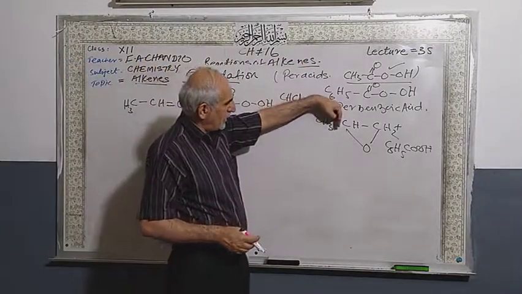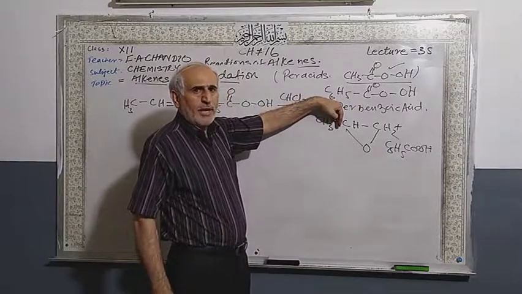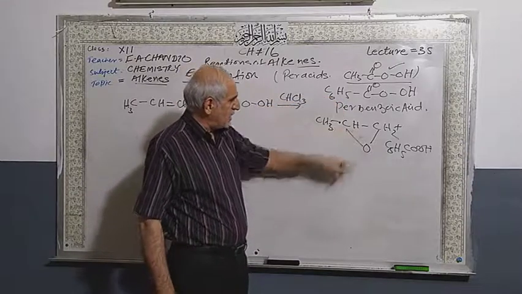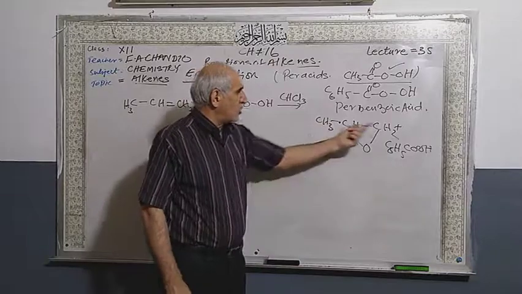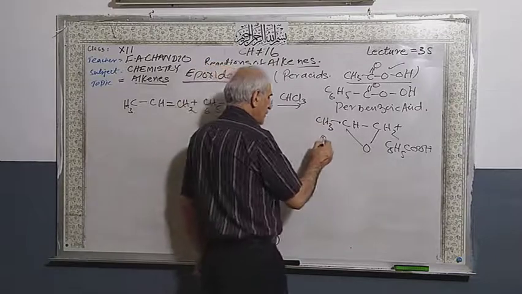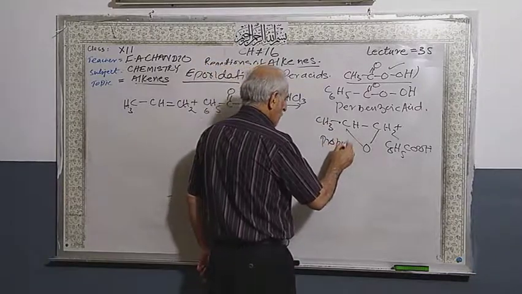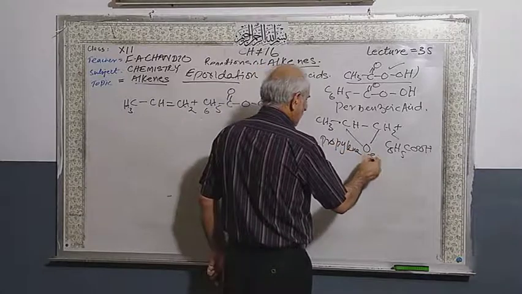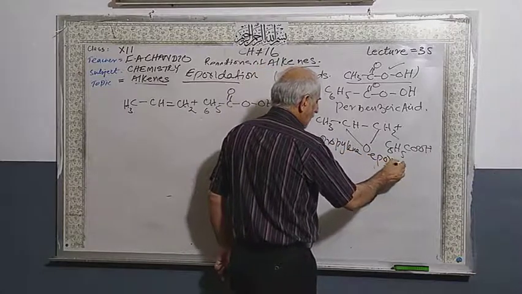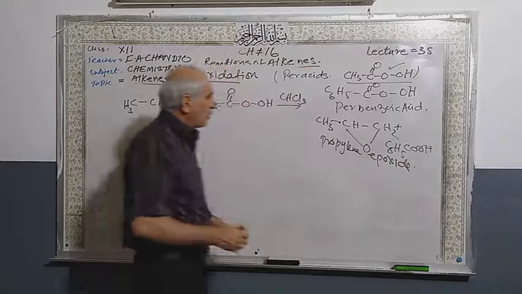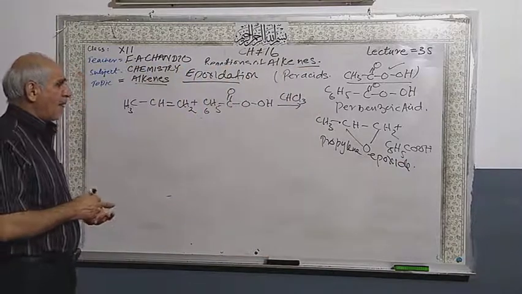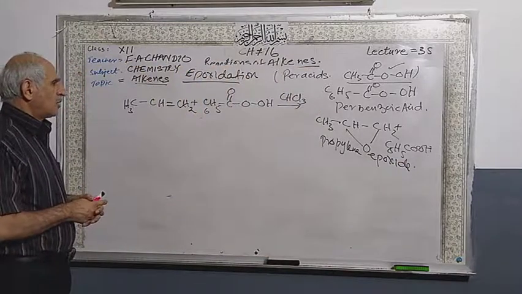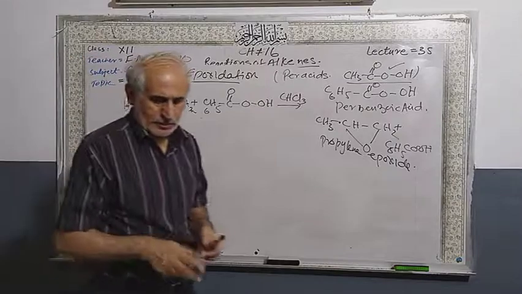This is an epoxide. If oxygen is attached directly between two carbon atoms, this is called an epoxide. There are three carbon atoms, so we call it propylene epoxide. This is the epoxidation.